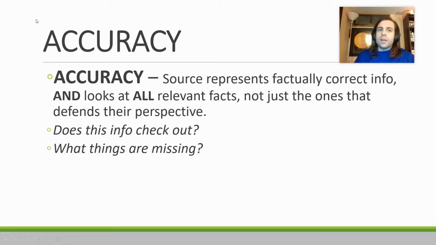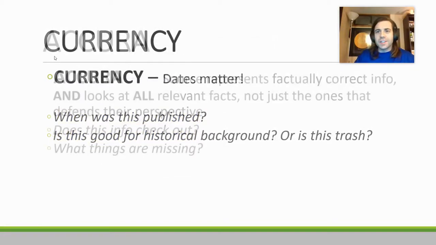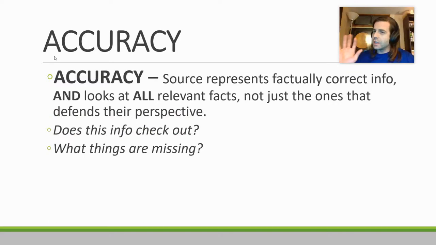Again, we could have accurate but incomplete information, especially from a source who's trying to persuade us, versus a source that's just trying to inform us. Hopefully, they'd be well rounded and accurate at the same time. So, again, just because something is a little bit biased doesn't necessarily mean that it's totally trash. It just means we need to filter that information a little bit and keep looking for other perspectives.